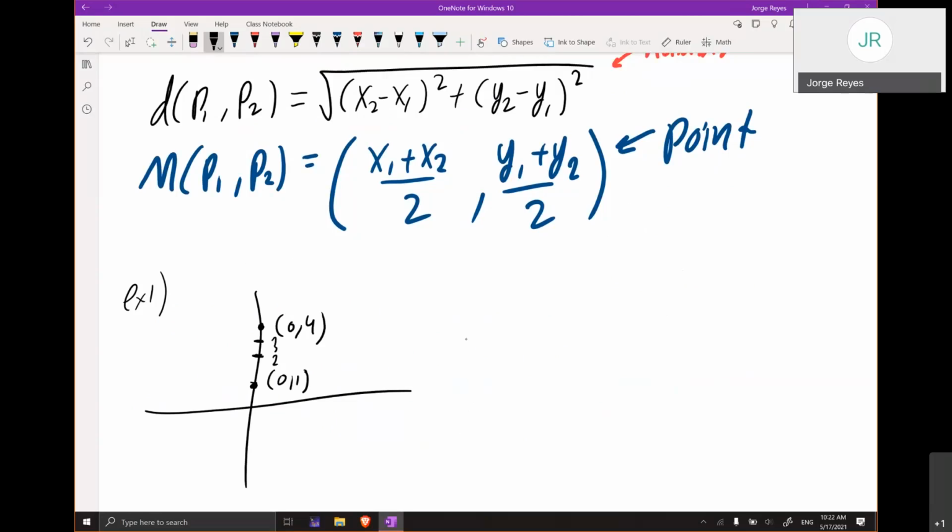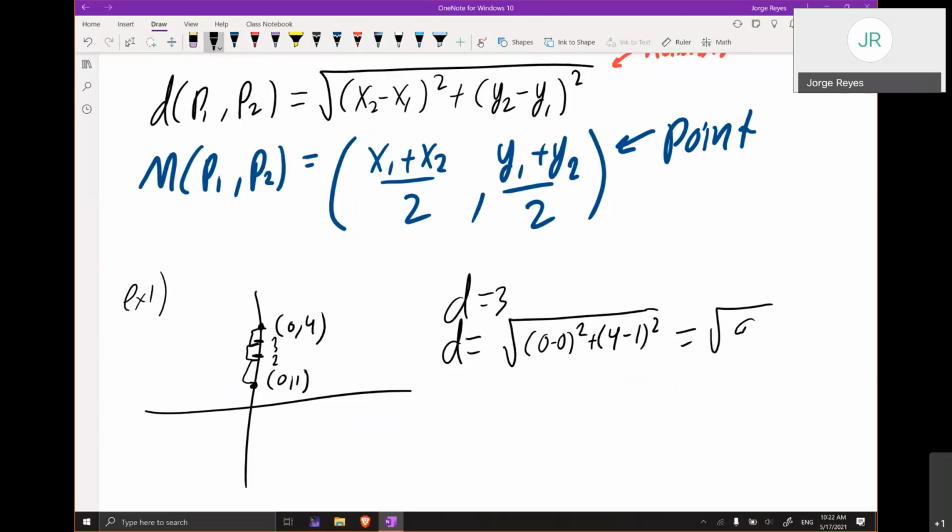I hope we can all see with our eyes, the distance is 3. But if we want to do it the proper way, we would do square root of 0 minus 0 squared plus 4 minus 1 squared, which gets you square root of 9, which is 3. And this is easy because it's just 1D. This is a straight line.